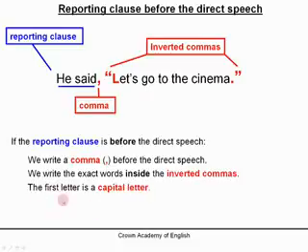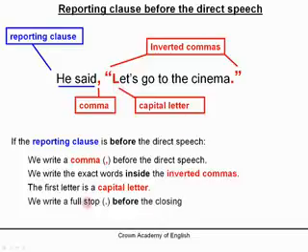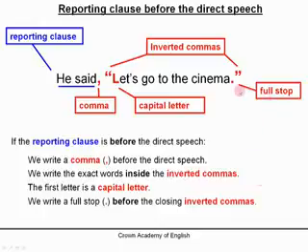And also, the first letter of the direct speech is a capital letter. So it's a big letter. Here. So the L here is a capital letter. And finally, we write a full stop at the end of the direct speech and before the closing inverted commas.